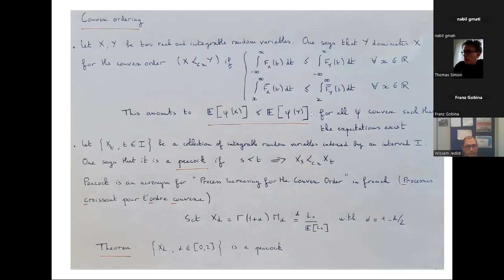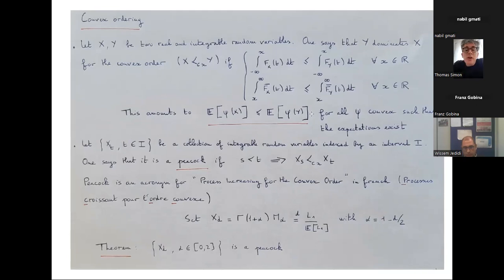This is a classical notion, very well displayed in the book by Shaked and Shanthikumar on convex orderings. And this amounts to, and this gives a name to this ordering, the fact that the expectation of psi of X is smaller than the expectation of psi of Y for all psi convex such that the expectations exist.